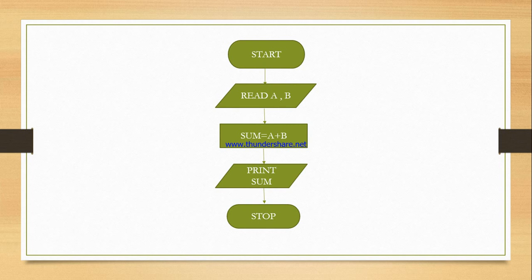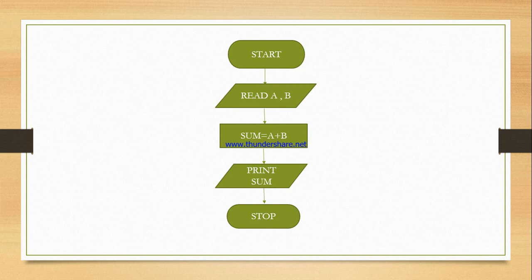And finally you are going to show the result, that is the output, print sum. So this is the output, print sum, and finally this is your stop. The last button is the stop button. And these arrows, can you see here? This arrow explains the flow of the flowchart. The program is flowing from top to bottom.